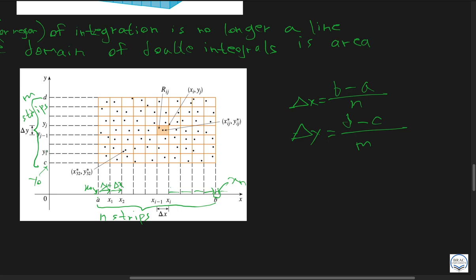The nth index should point at the end point. And we'll do the same thing for y. Y naught will point at c, and then we'll move vertically upwards by delta y units to get y1, and we keep doing the same thing and end at ym, which should be at d.